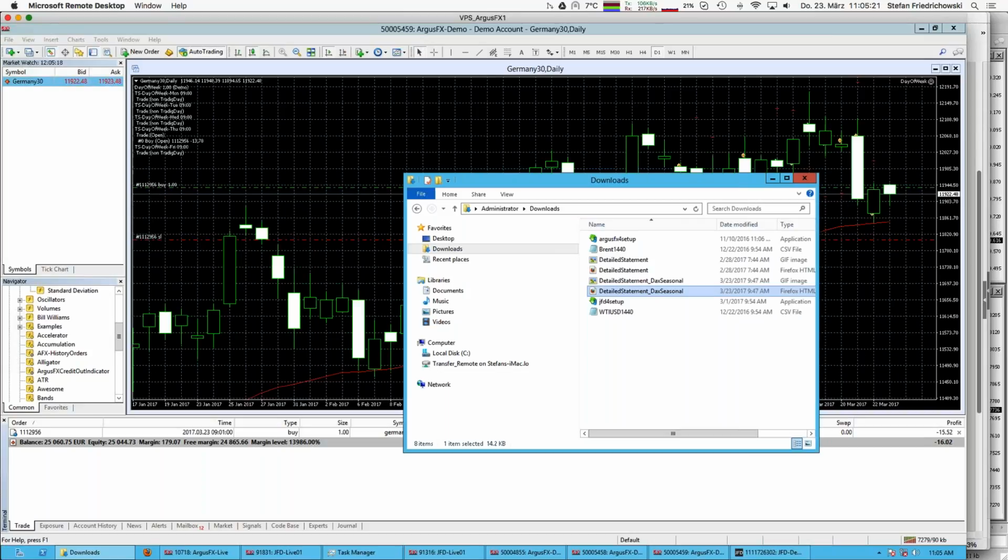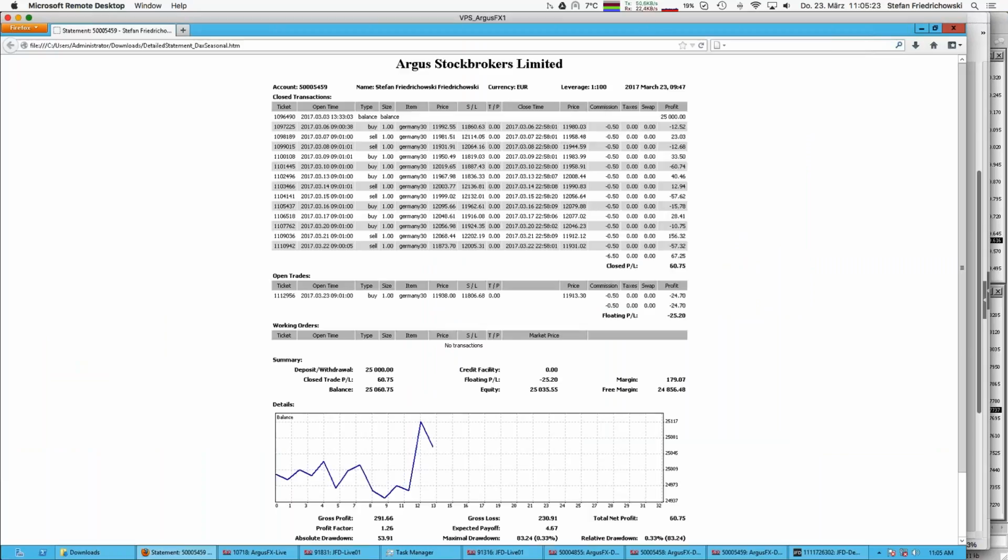Let me open the detailed statement so that we have a view on the history. You see that we have already closed 13 trades, so 13 trading days, and as always it goes up and down. There was one very good day, that was the 21st, which is Tuesday. This Tuesday there was a very good short trade, and that's the main reason that we are in the profit region right now.